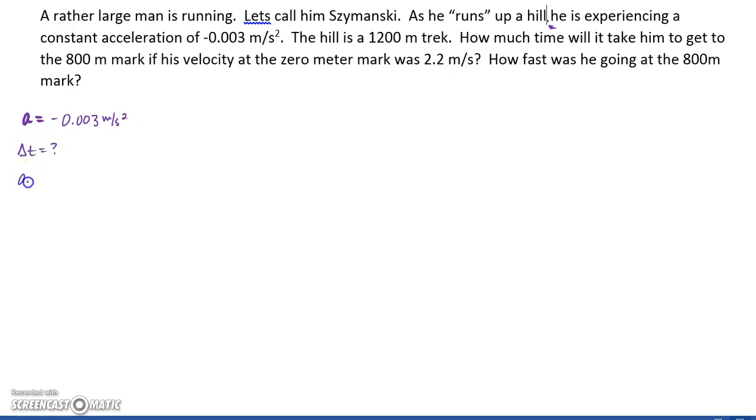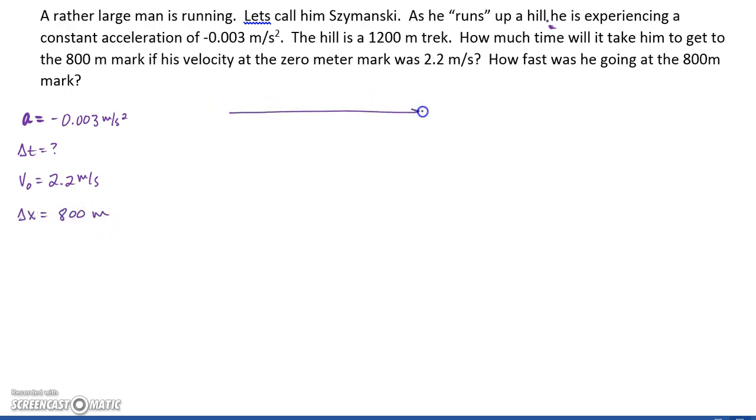And then I was told my velocity. My initial velocity was 2.2 meters per second. And we want to know the time to get to the 800 meter mark. So that's probably my displacement.